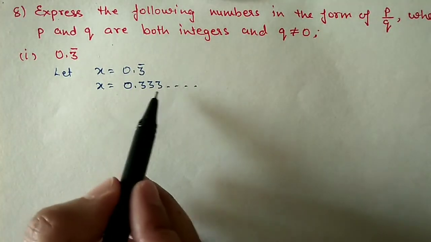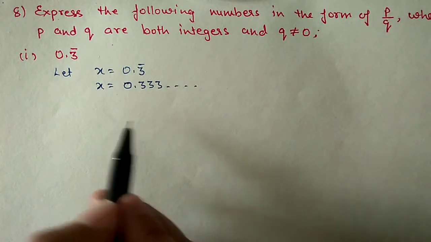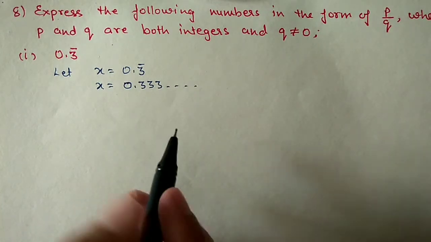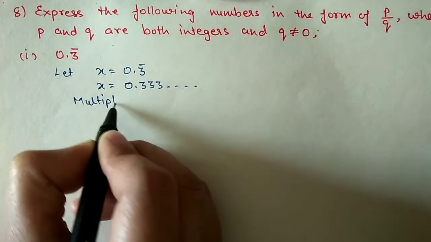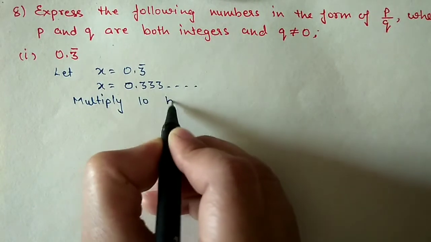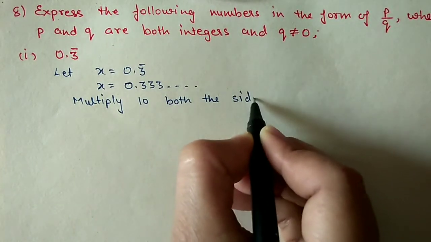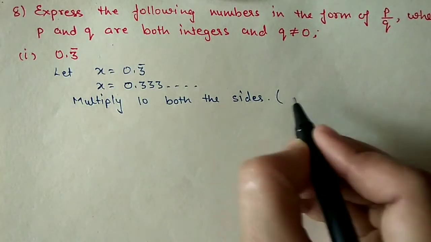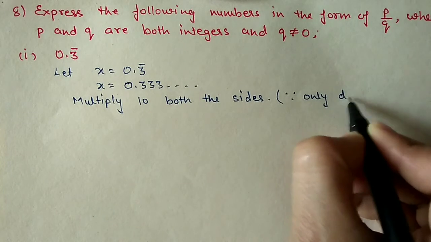Because here 3 is repeating, only one digit is repeating again and again, so we will multiply by 10 on both sides. We can do this because only one digit is repeating.